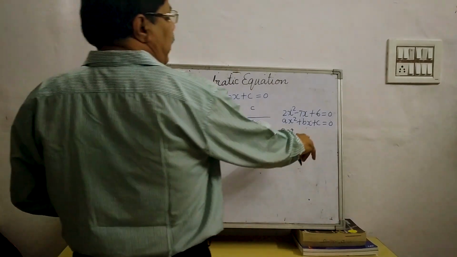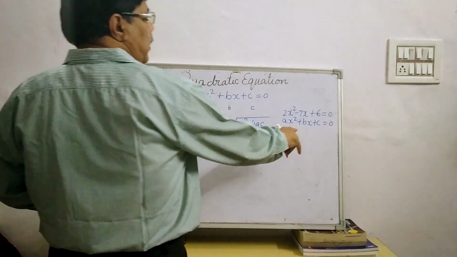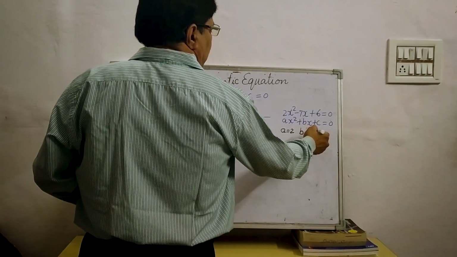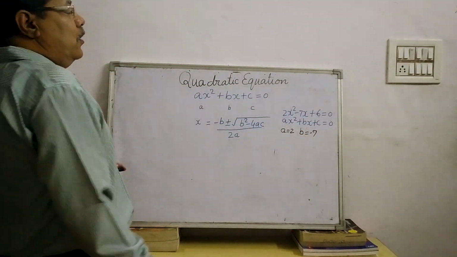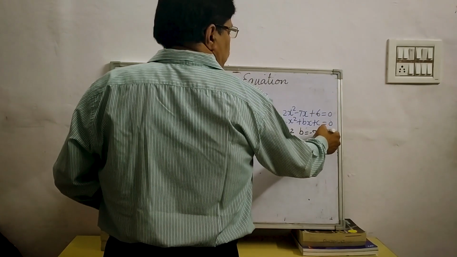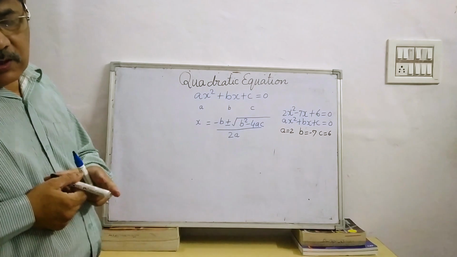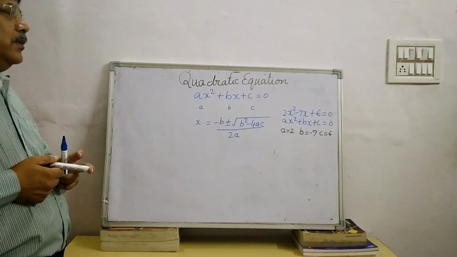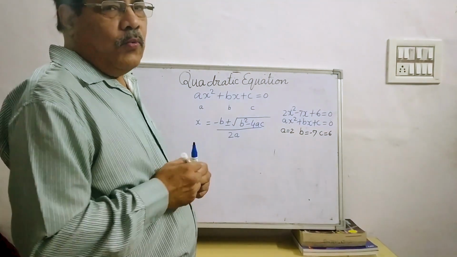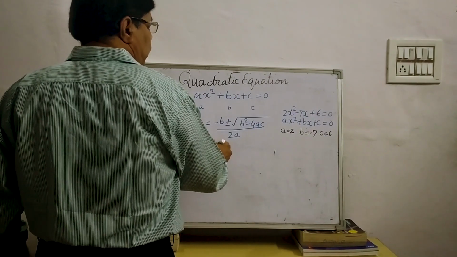Now here x is there, here is also x, so they are like terms, but here it is plus b and it is minus 7, so b will be minus 7. Clear? Now here the constant term is c, and the constant here is 6, so the value of c is 6. So first of all we find the values of a, b and c. Clear?